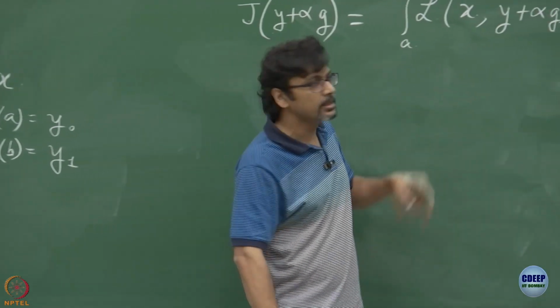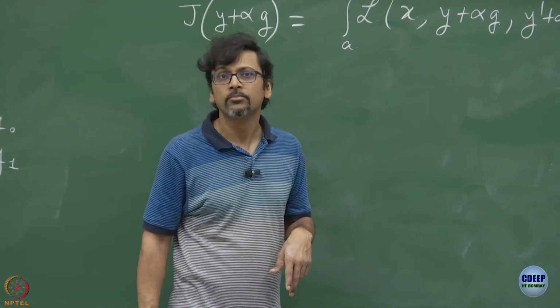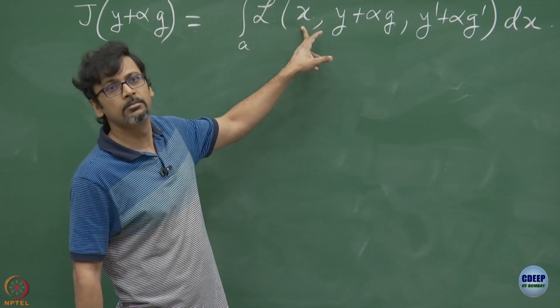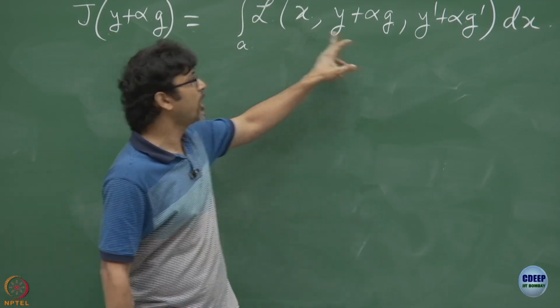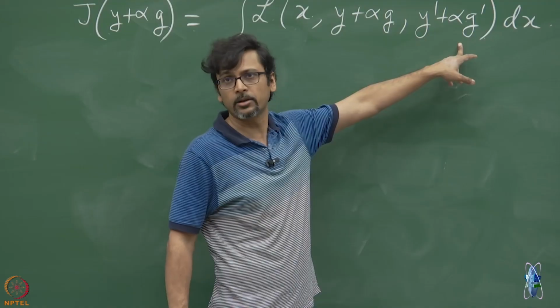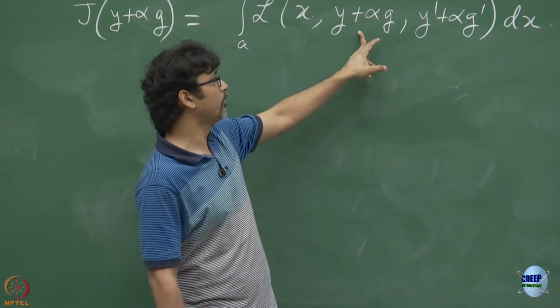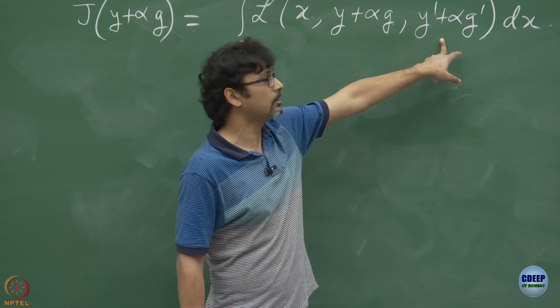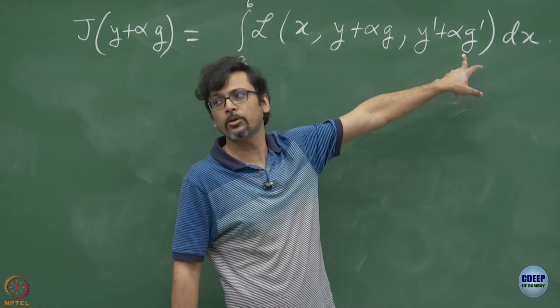Now if you expand this in a Taylor series, of course it's a multivariable Taylor series, the first term doesn't get perturbed. There are three arguments in this Lagrangian. The second term will have terms related to alpha and higher order terms, and the third term also will have terms related to alpha and higher order terms.